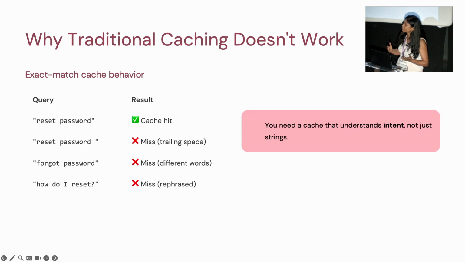Again, completely different wording, it won't work. This is a huge limitation of traditional caching. It depends on exact matches and works very well for structured systems, whereas human language is messy. We introduce a lot of typos, use synonyms, and ask the same thing in many different ways. So exact matching doesn't work well with conversational AI systems.